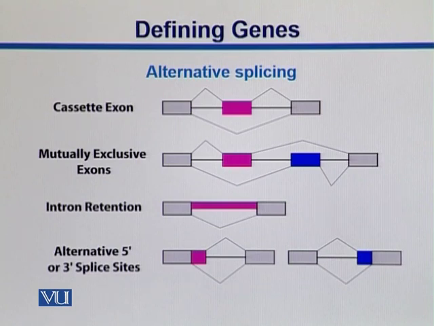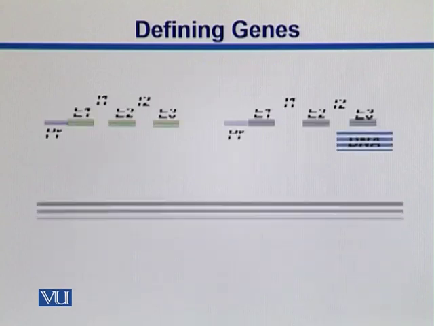Sometimes we have intron retention, where introns are retained, and even the alternative 5 prime or 3 prime sites are used alternatively. Somewhere we use a 5 prime alternative splice site, and sometimes the 3 prime site comes from the other exon. So there are different scenarios showing different forms of alternative splicing. All these things make it a really cumbersome task to exactly define a gene and what patterns we should look into in order to identify genes from a sequence.